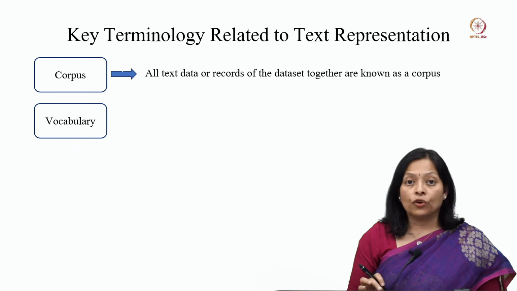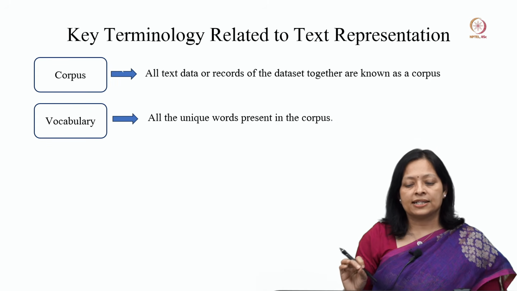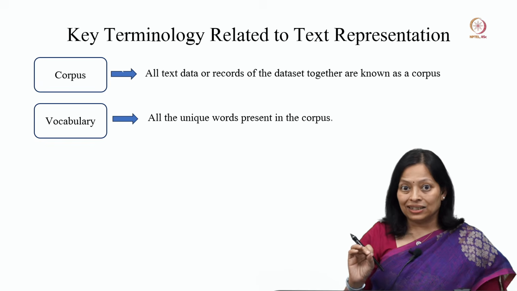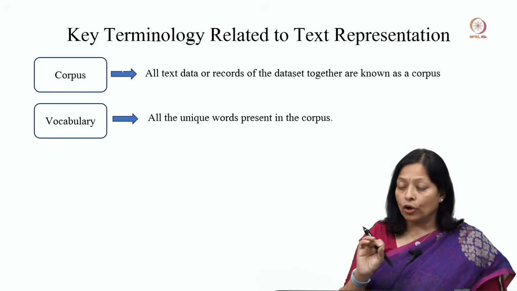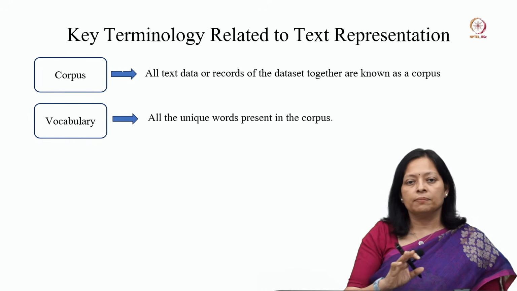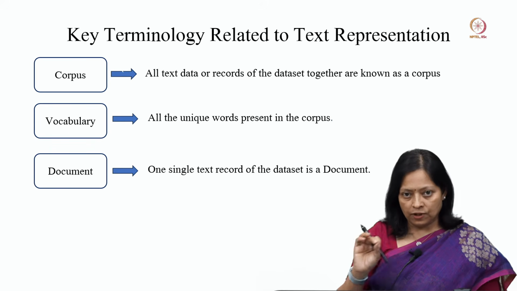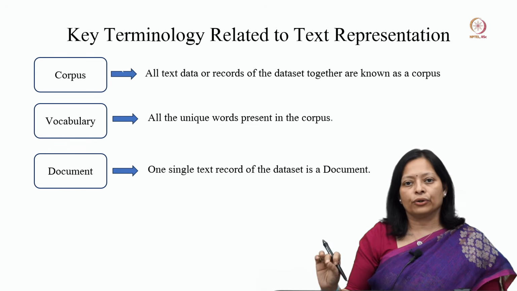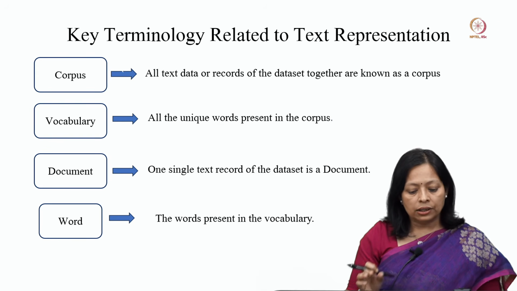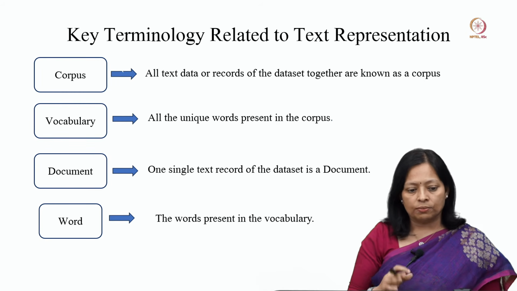Vocabulary: all the unique words present in the corpus make your vocabulary. Document: one single text record of the dataset is a document. Word: the words present in the vocabulary are termed as words in text representation.